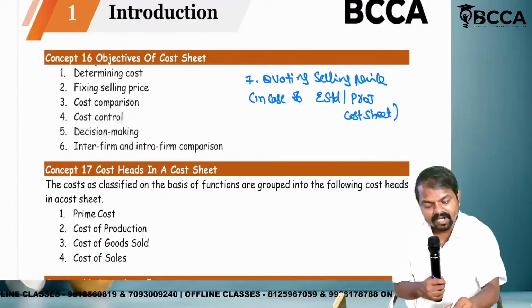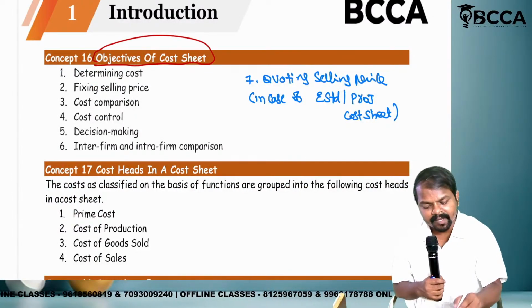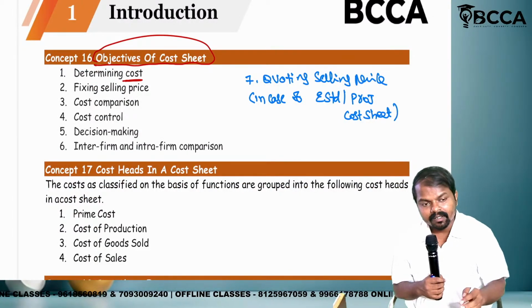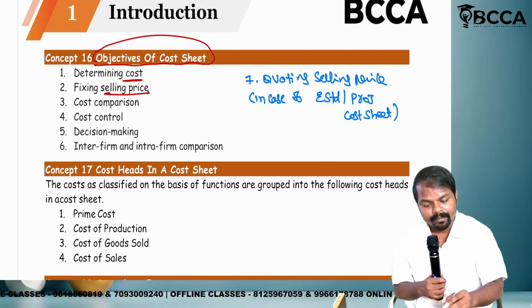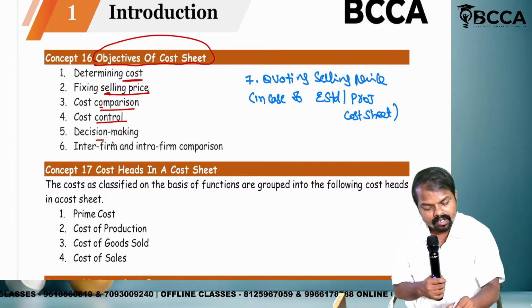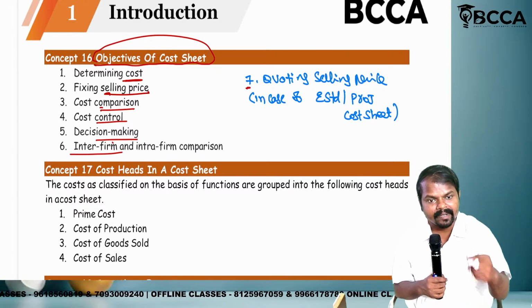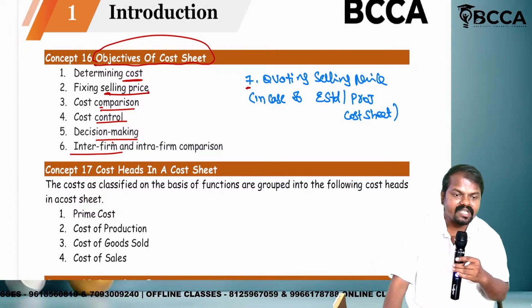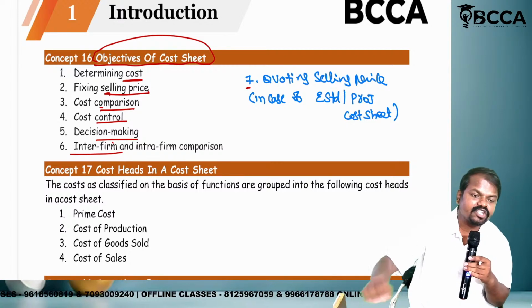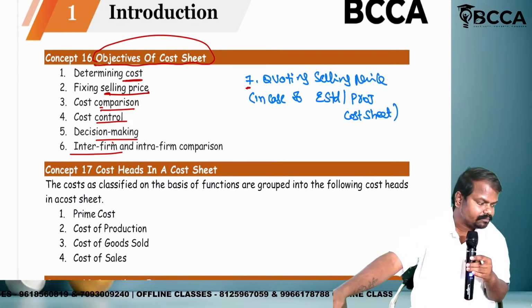Concept number 16. What are the objectives of cost sheet? Determining cost, selling price, cost comparison, cost control, decision making, interfirm comparison. The 7th point is not mentioned, please write: quotation of selling price in case of estimated or projected cost sheet.